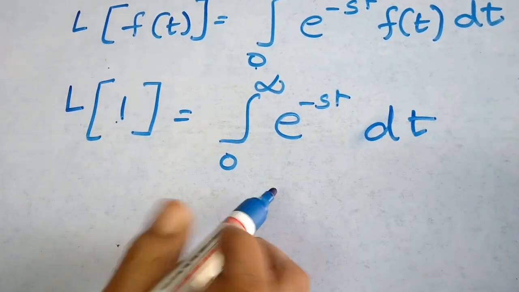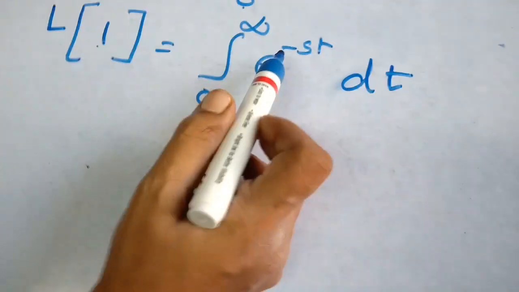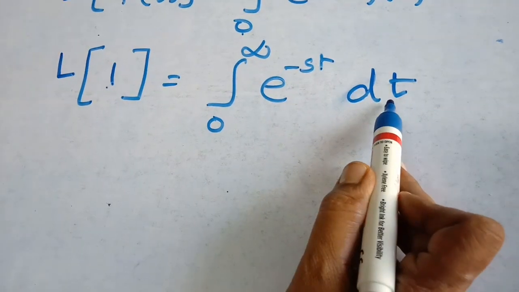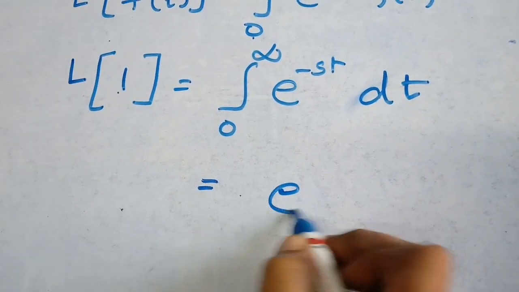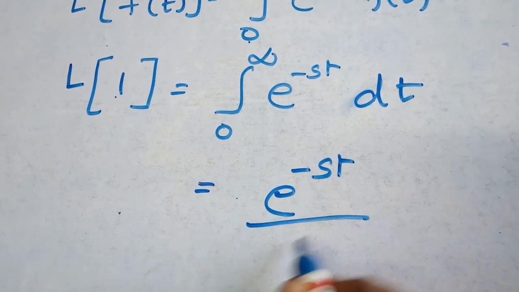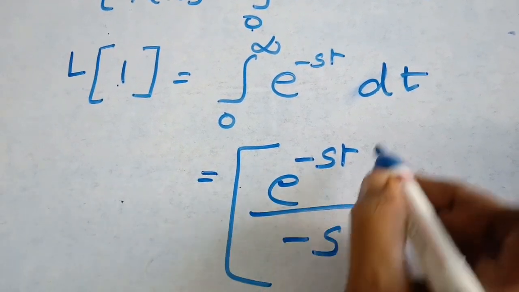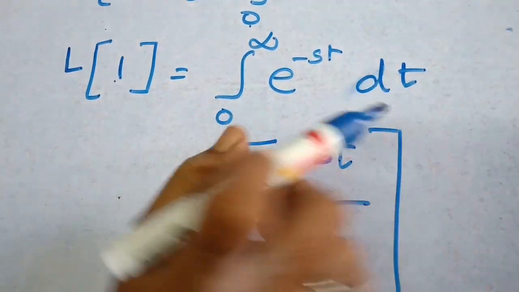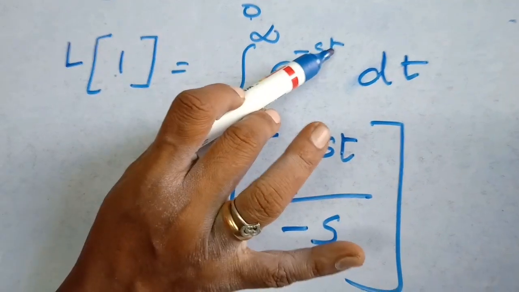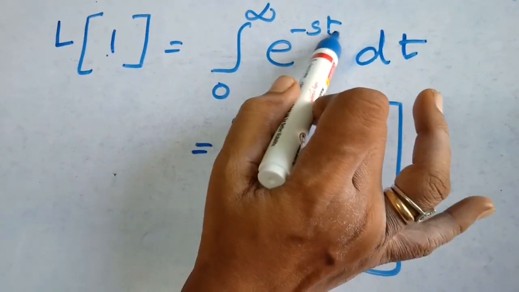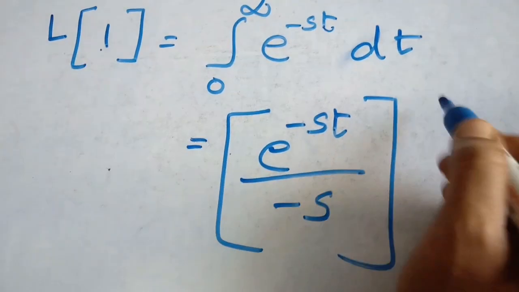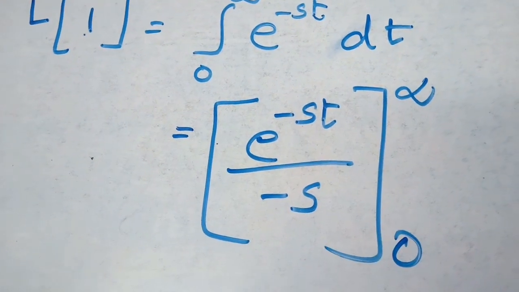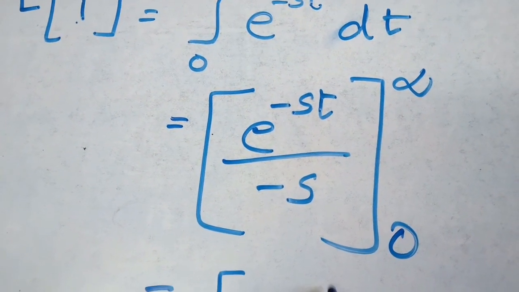As you all know, the integration of e power minus st with respect to t is e power minus st by minus s. We are integrating with respect to t, so the t coefficient is minus s. The limit is 0 to infinity.